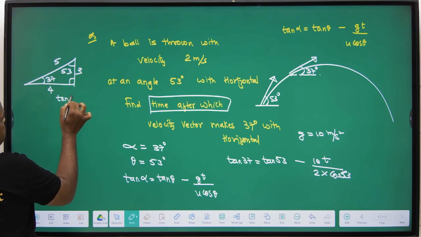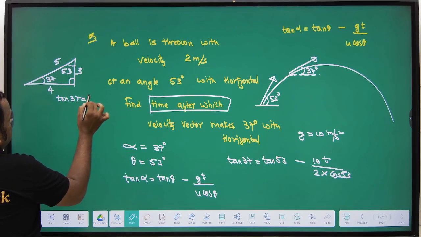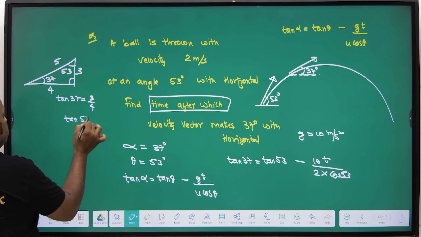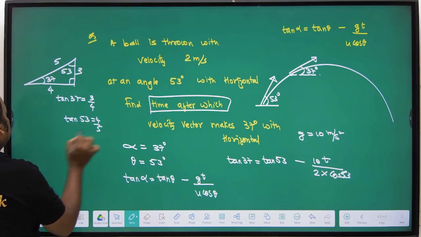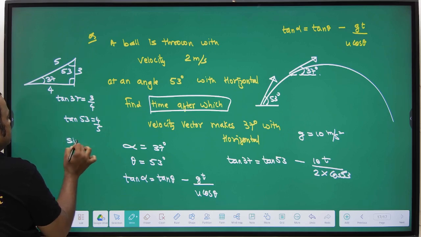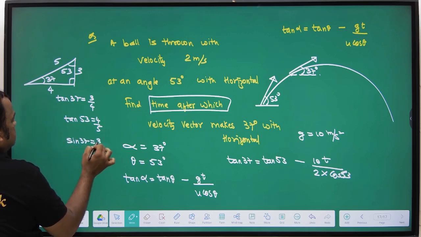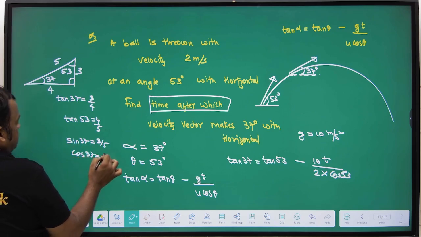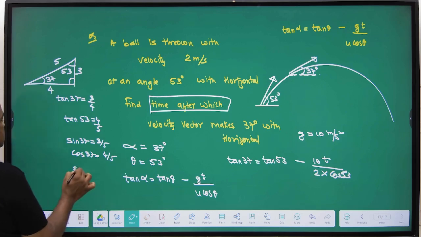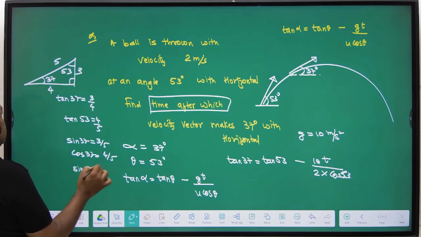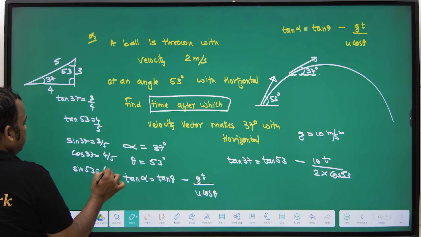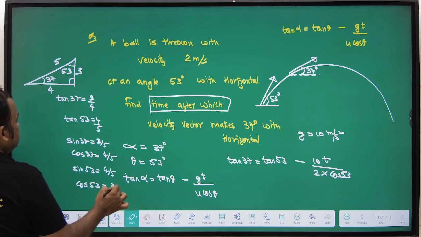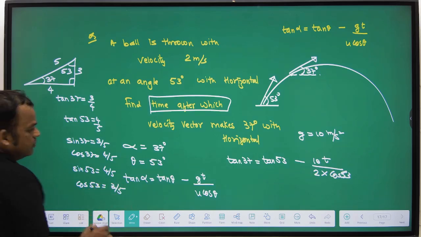So we can say tan 37 is equal to 3 by 4, tan 53 is 4 by 3, and sin 37 is 3 by 5, cos 37 is 4 by 5, sin 53 is 4 by 5, and cos 53 is 3 by 5.